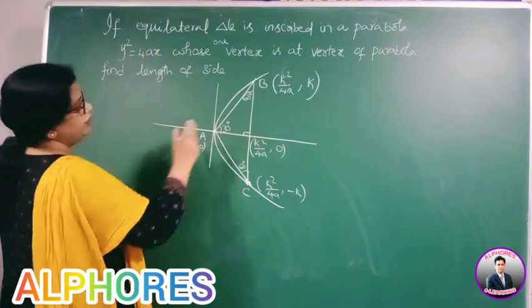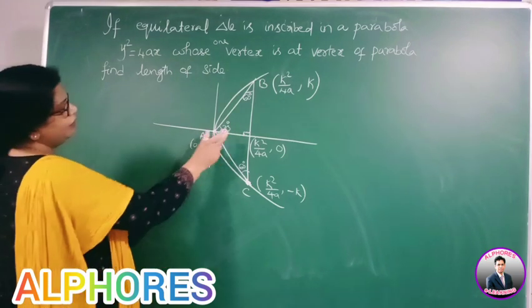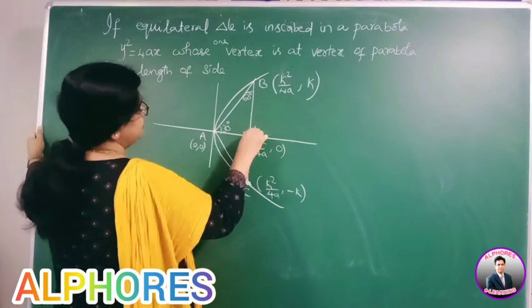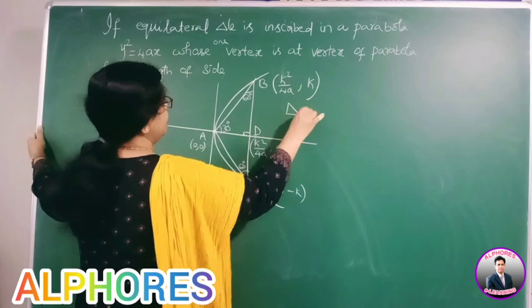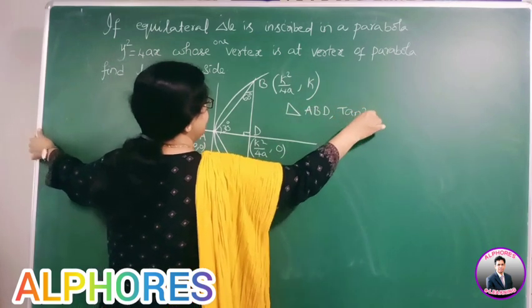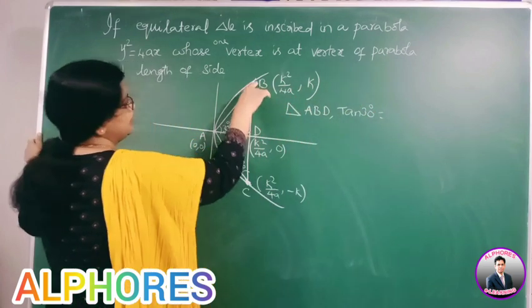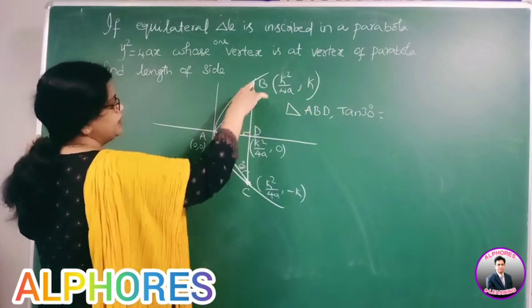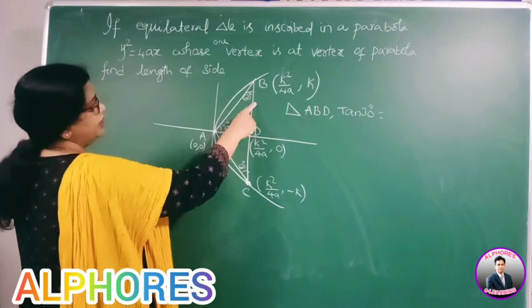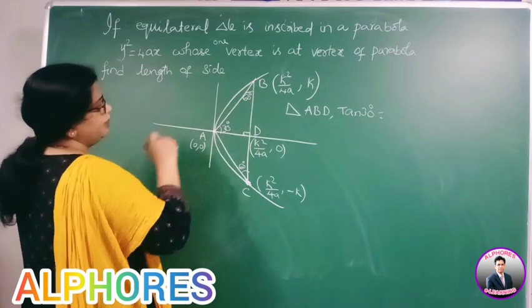Then how to obtain this one? If I find tan 30 degrees, suppose it is D, from right angle triangle ABD, tan 30 degrees is equal to, exactly how much length is this? This is our k value, from here to here k. Therefore k divided by k square by 4a.